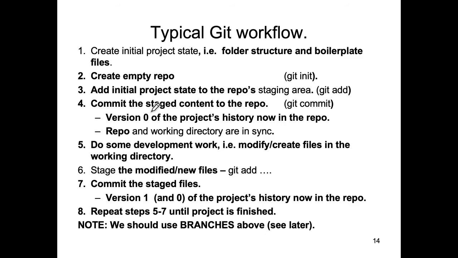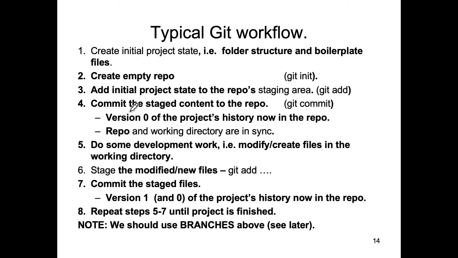So version 0 will know the full initial folder structure that I created up here. It will have a copy of the various initial files that I created and their content. It has a record of all of those at this stage.